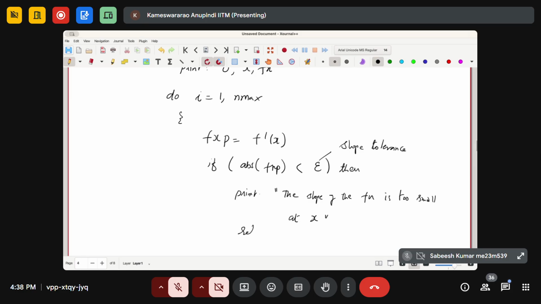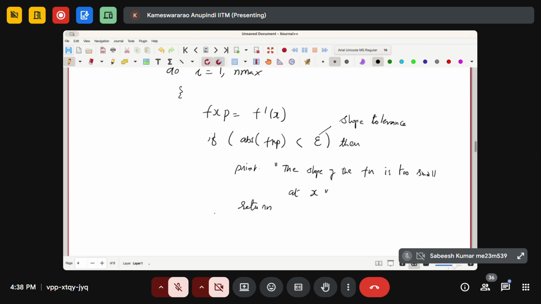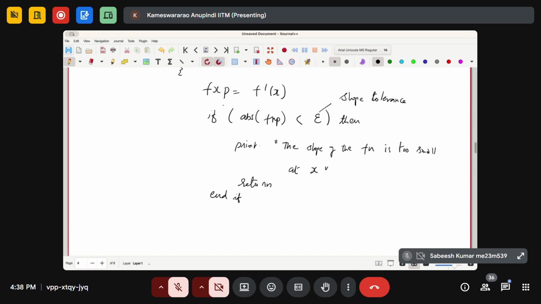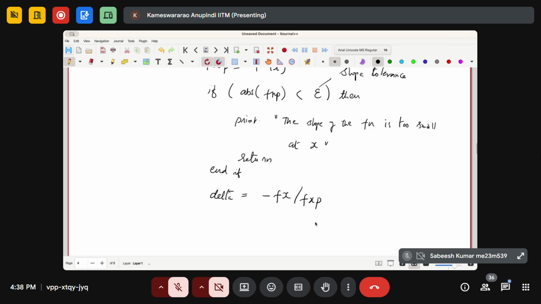Then we return or exit, and otherwise we continue. Once fx prime is known, I can calculate delta, the change, equals minus fx by fx prime. So this is a much simpler code than what we have written for the solution of systems of linear equations.